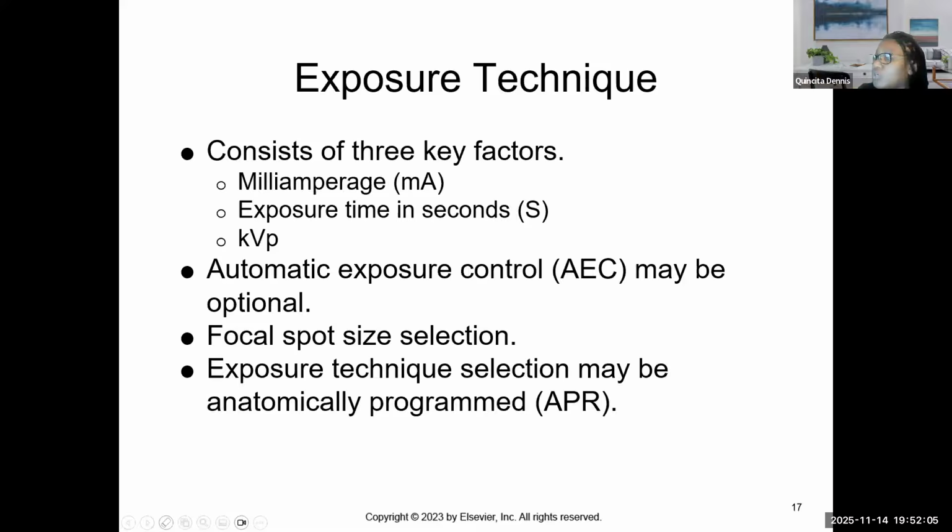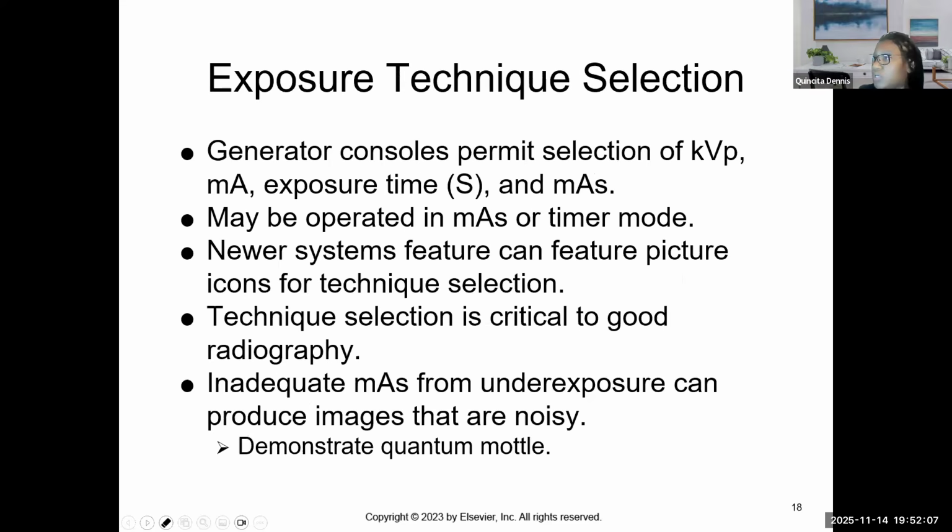All right, exposure technique selection. These items are found on our control console or X-ray generator. On that console, you're able to select your kVp, your mA station, and your exposure time independently, or you can change just one number, which would be the mAs number.